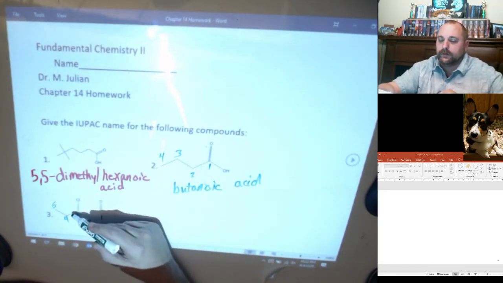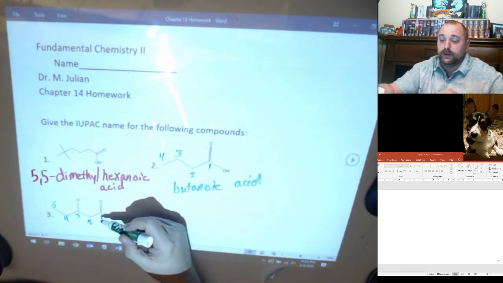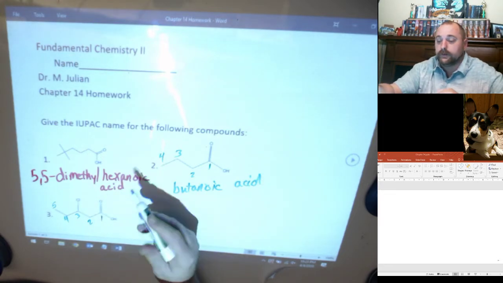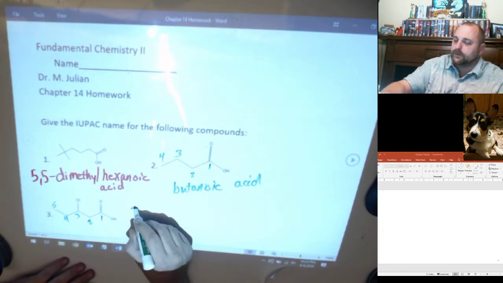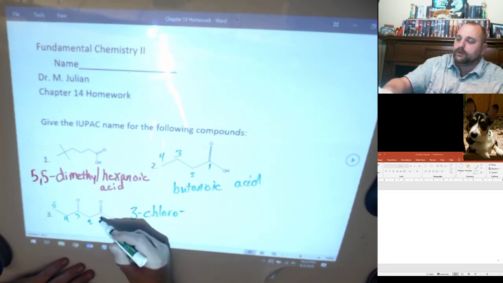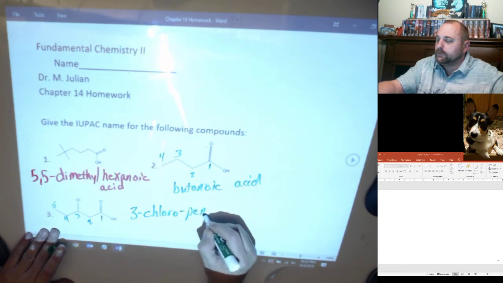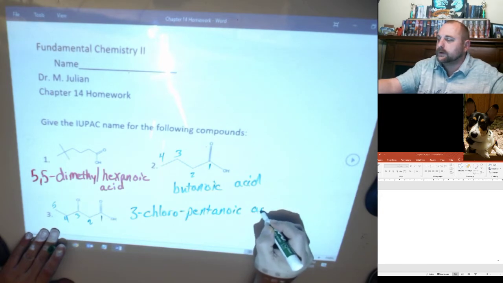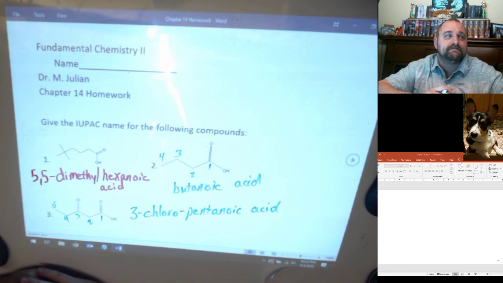All right. So I've got a chlorine group at 3, and so this would be beta-chlorovaleric acid if I was doing the common name, but this one is just 3-chloro. Notice I'm not putting a 1 for the acid because it has to be at 1. So this is pentane. So this would be pentanoic acid. Don't forget that O right there. 3-chloropentanoic acid. Okay.